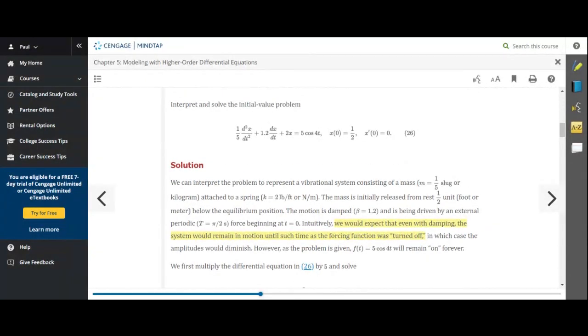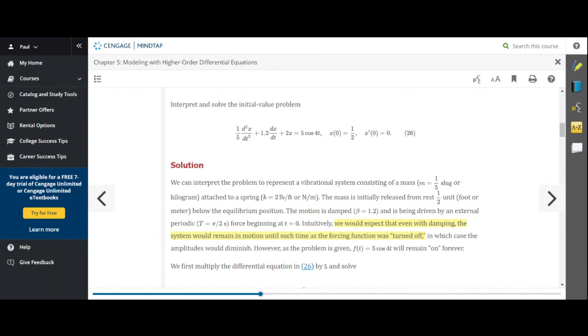It's not like those problems where you have a piecewise function on the right side, where the function is on and then it equals 0. It's not like one of those.